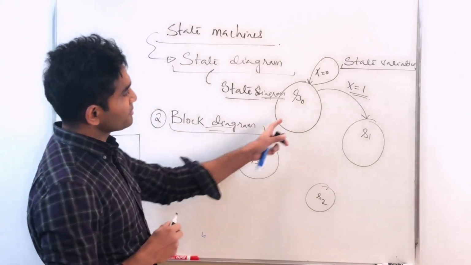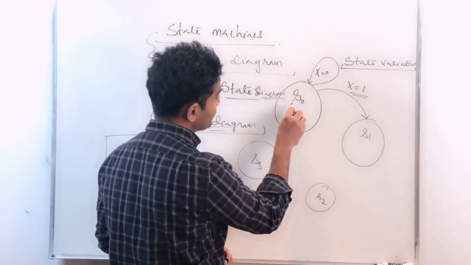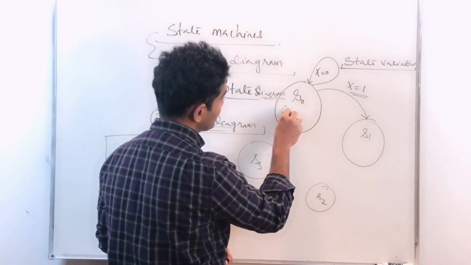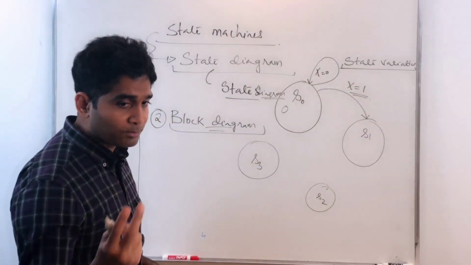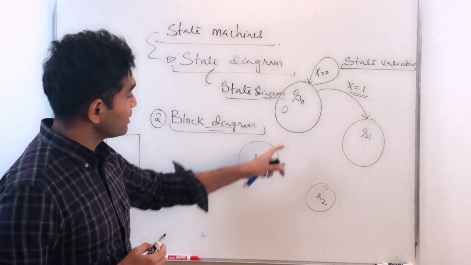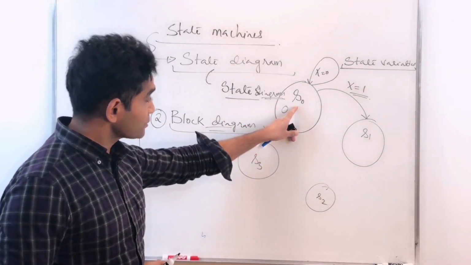As you can see here, it is kind of evident, right? Each of my states is encoded as a unique code. For example, let's say I have 4 states. That means I need at least 2 state variables, because I need at least 2 bits to encode each state, right?